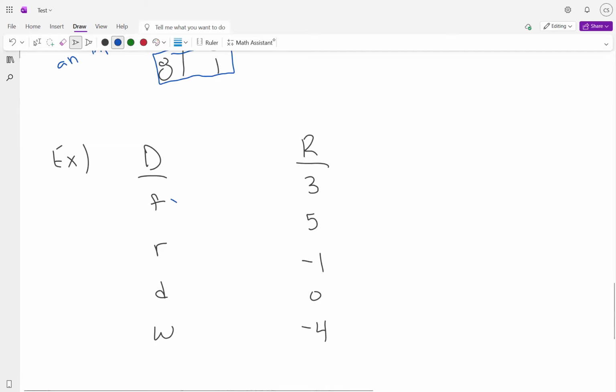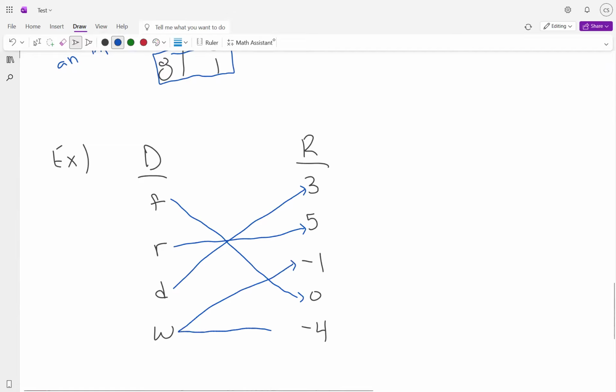So F is going to get sent down to 0. R is going to get sent to 5. D is going to be sent to 3. And W is going to be sent to -1 and -4.